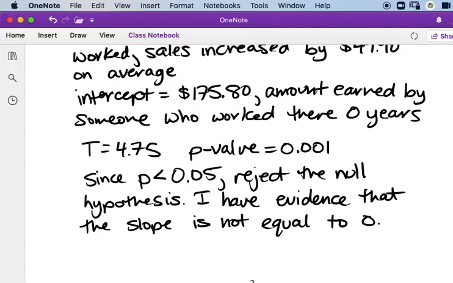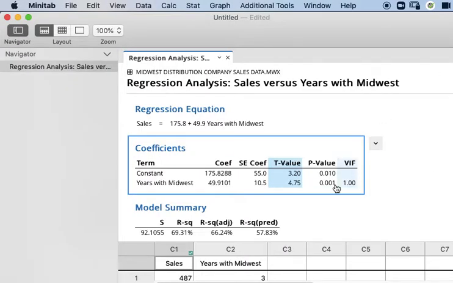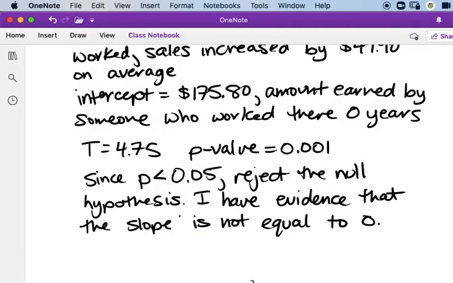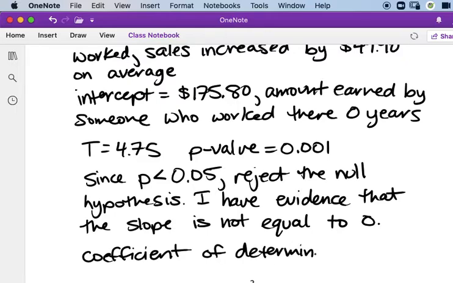The last thing you're going to need to answer the homework problems is something called the coefficient of determination. The homework is going to ask you for it.